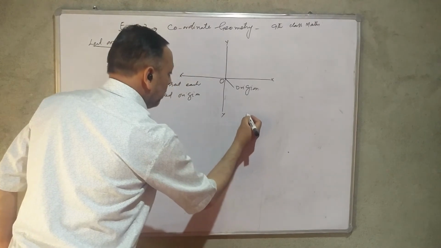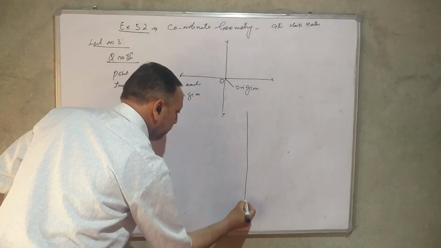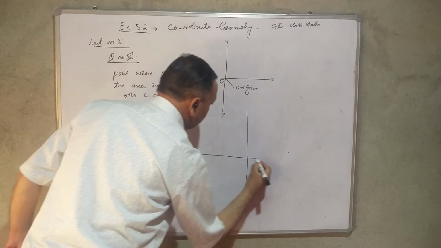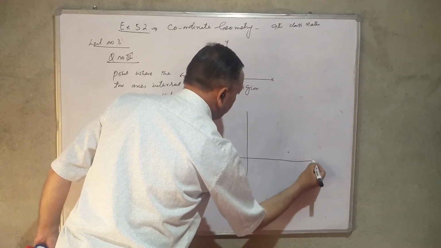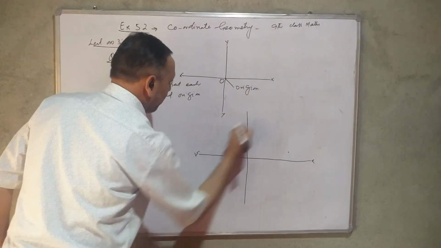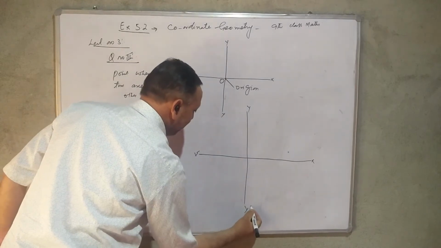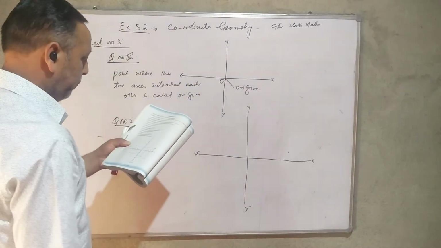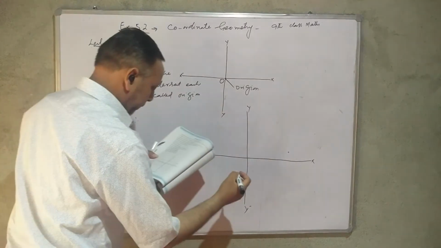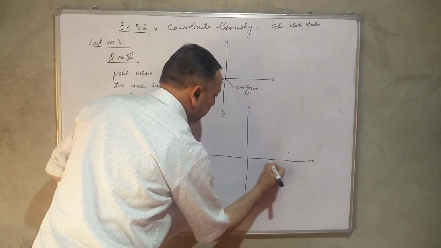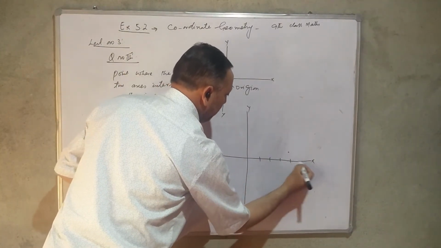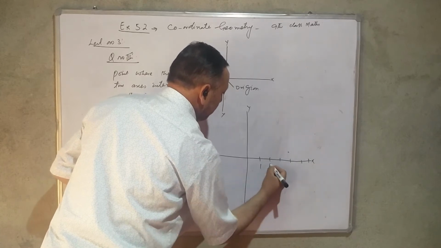Let me draw the figure here. This is the x-axis and this is the y-axis. On the x-axis, 1, 2, 3, 4, 5, 6.